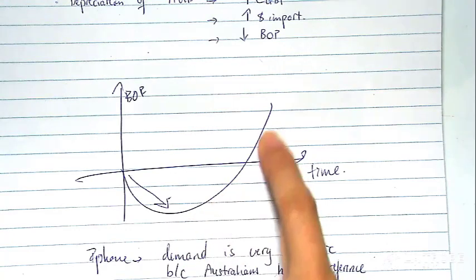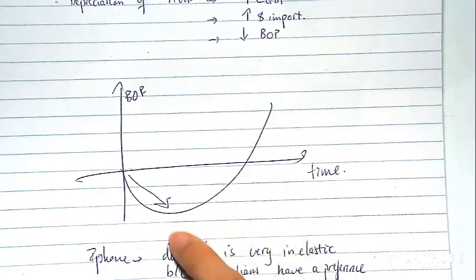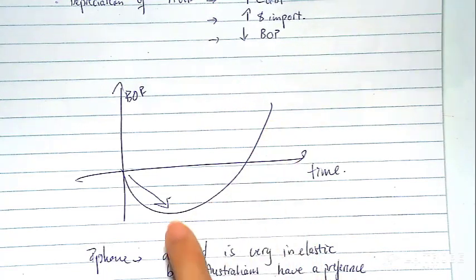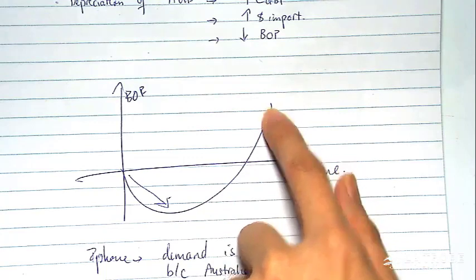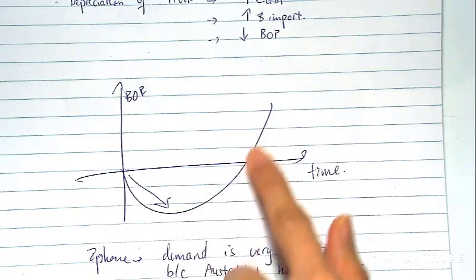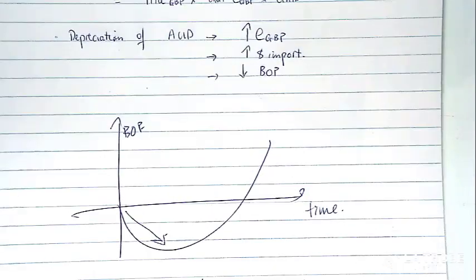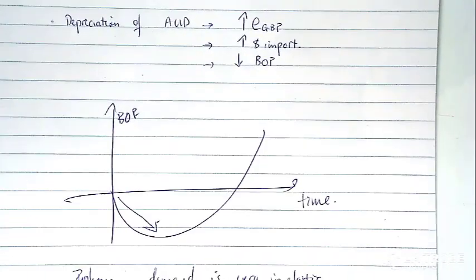So eventually, if people start to realize that it's too expensive now to buy foreign goods, they will start to change their behavior, in which case the balance of payment hopefully will get better, right? So this is a situation a lot of countries run into when they depreciate their currency, okay?